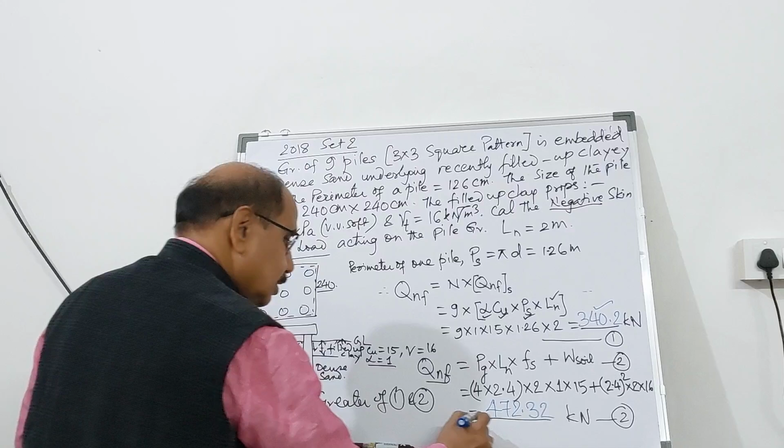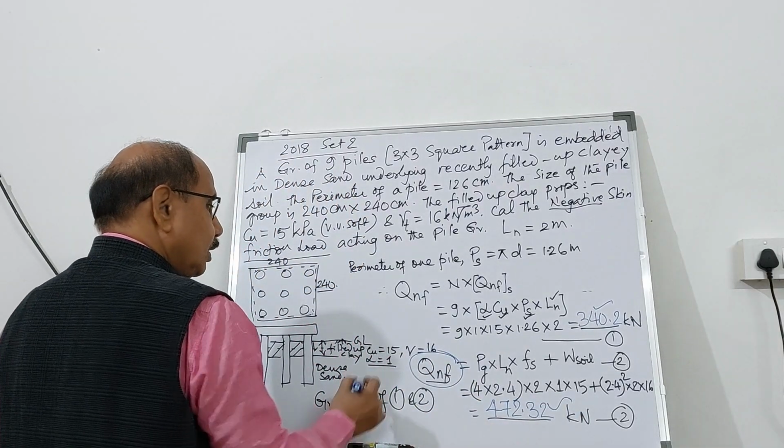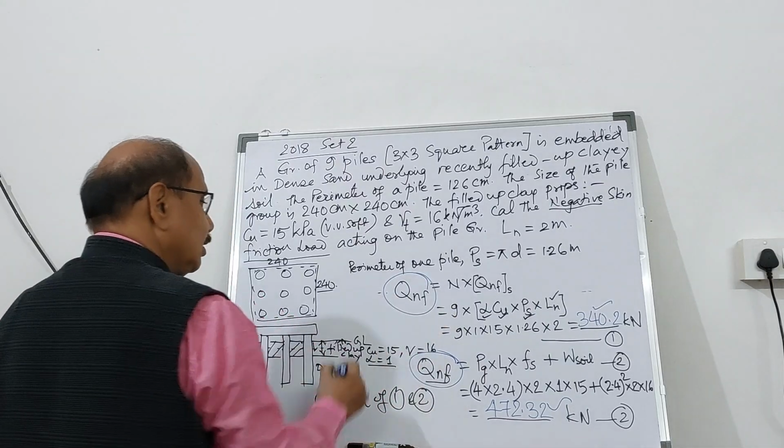So there is another answer. This is based on group capacity and this is based on individual pile.